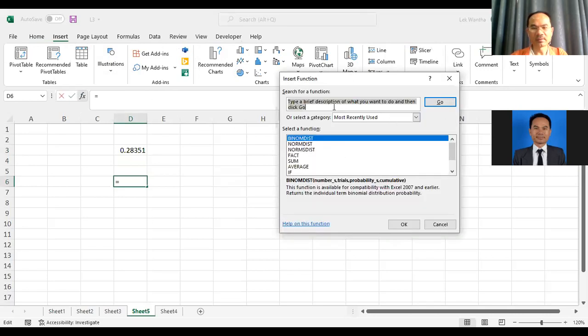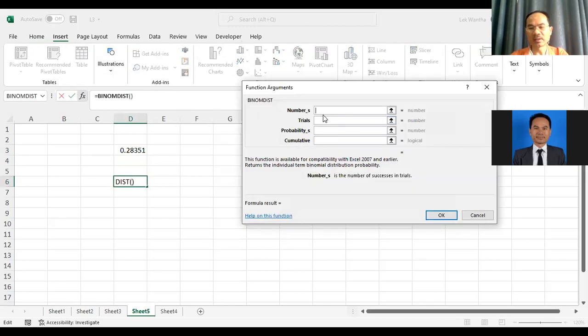If you don't know the name, you can type binomial. Then you write number is 2, trials is 18, probability is 0.1, and cumulative should be false, not cumulative.